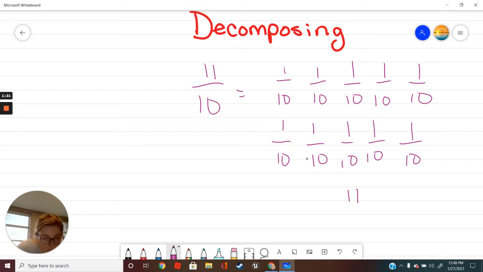Okay, so that's what 11 tenths looks like if we decompose it, if we take it all apart.